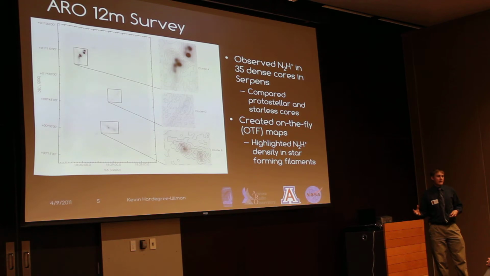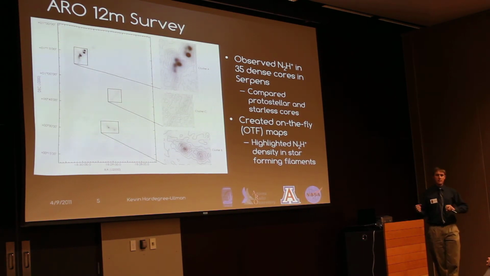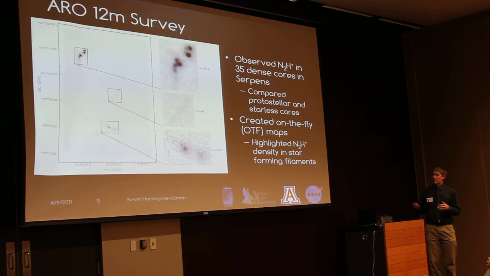They determined that these are protostars or starless cores based on comparing their information with Spitzer data, and that Spitzer data allows us to point out whether something is starless or a protostar. We also created what we call on-the-fly maps of these little rectangular areas, and that allows us to see the intensity of our N2H plus in these filaments.